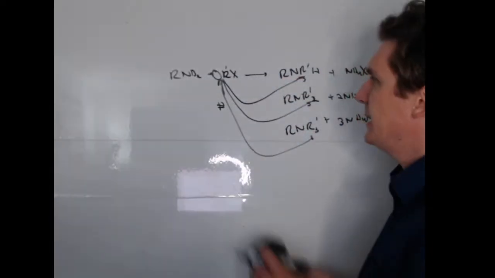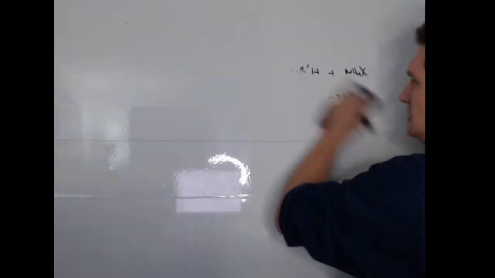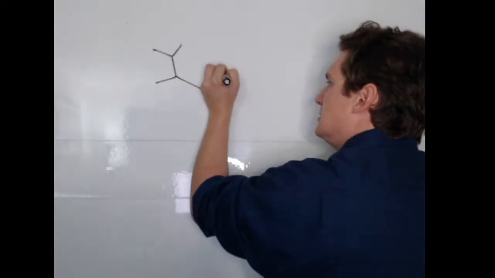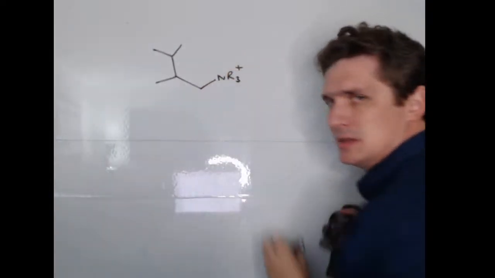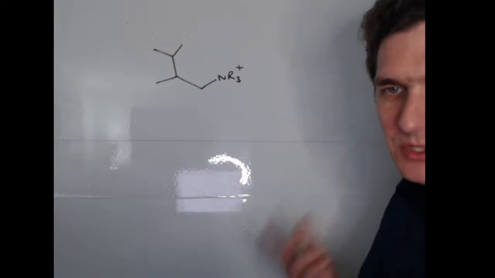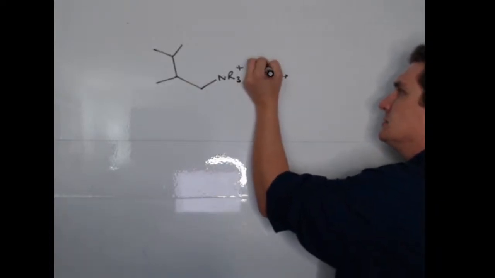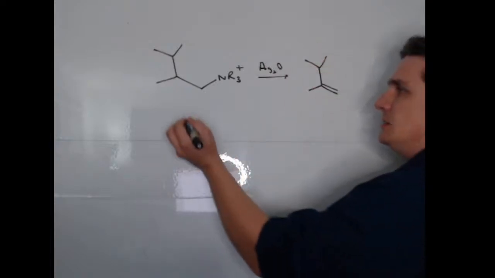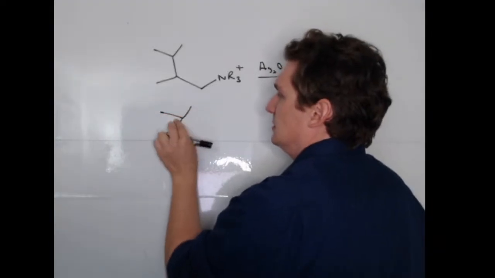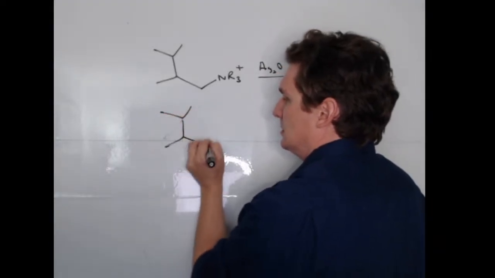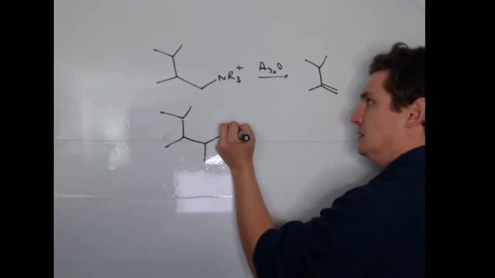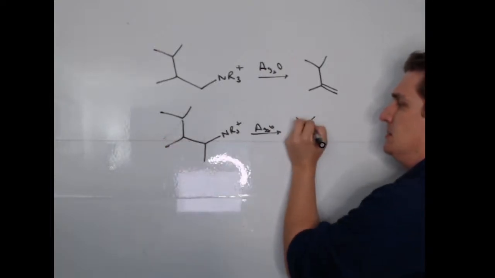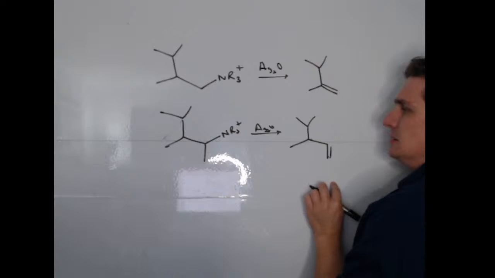So I think the question being asked is, the example in the notes is this. We've done this reaction, and now we're going to add silver(I) oxide to it, and we should get a terminal alkene. But let's say we had this molecule here. Does the elimination go here or here? And the answer is going to be down here, and it's just sterics.